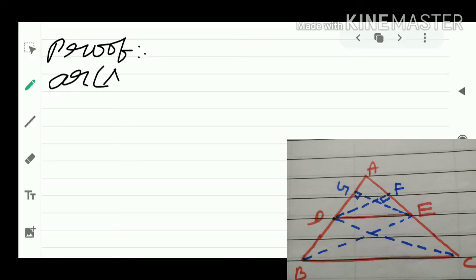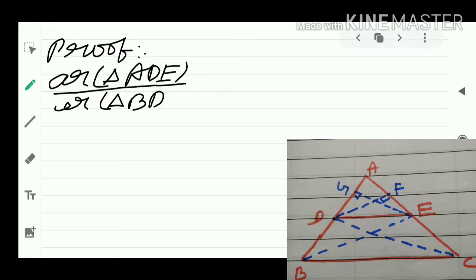Area of triangle ADE by area of triangle BDE equal to, we know that area of the triangle is 1 by 2 base into height.